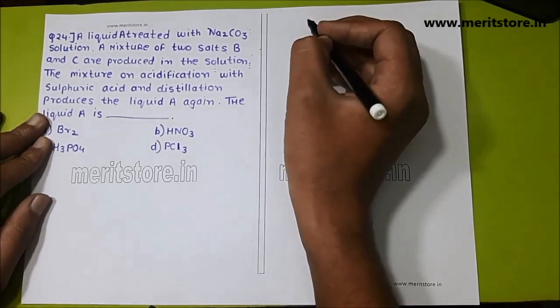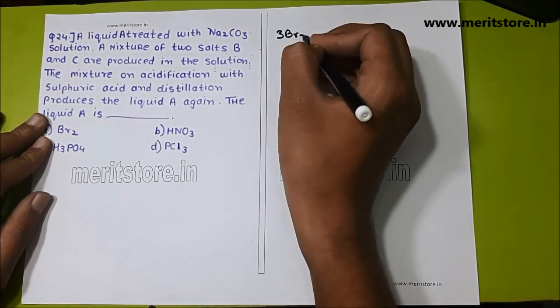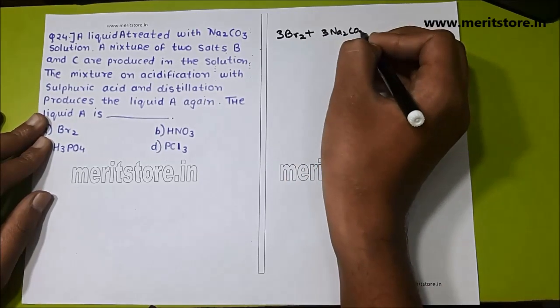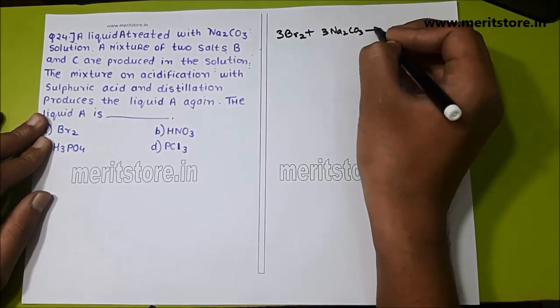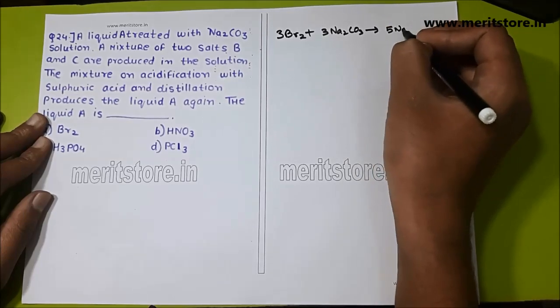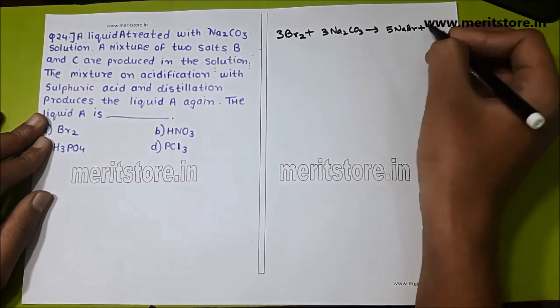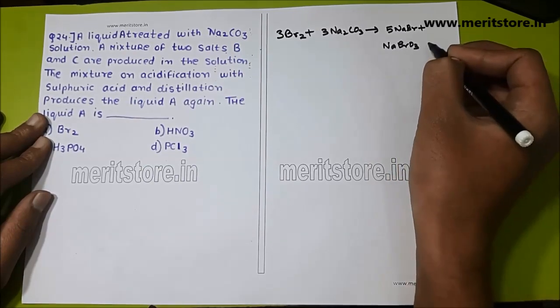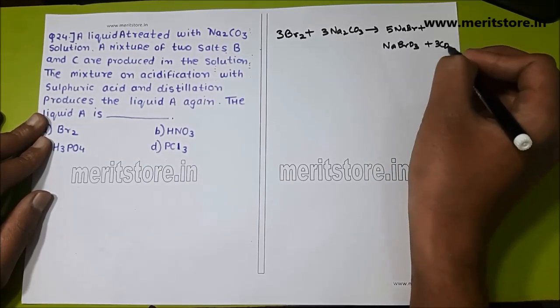Okay. The given equation will be 3 moles of bromine plus 3 moles of Na2CO3, that is sodium carbonate, will give 5NaBr, sodium bromide, plus NaBrO3, sodium bromate, plus 3CO2.